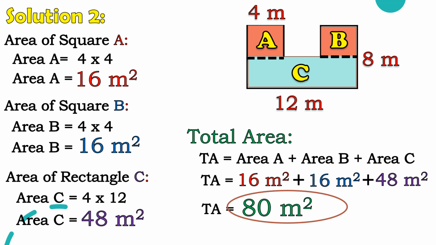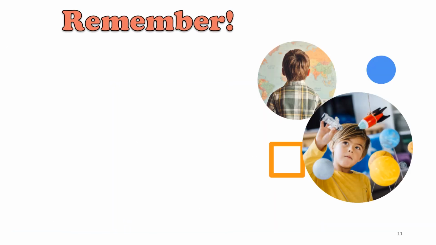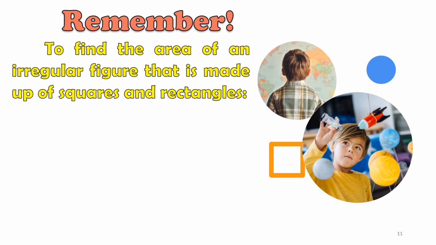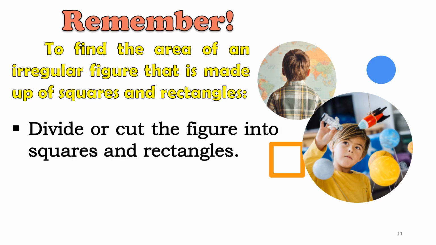Remember, kids, to find the area of an irregular figure that is made up of squares and rectangles, follow the steps. Divide or cut the figure into squares and rectangles, or draw an imaginary line to form squares and rectangles.